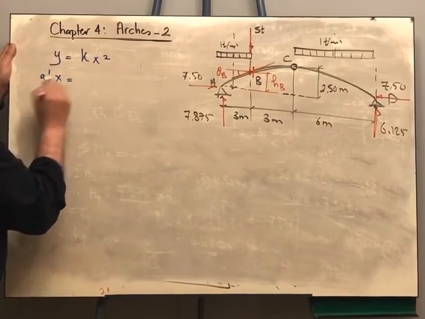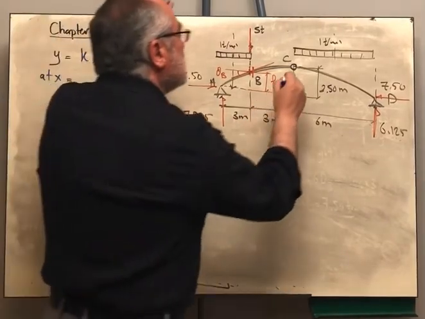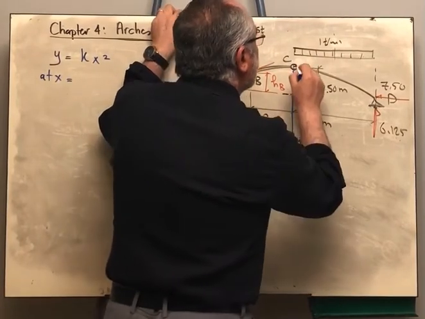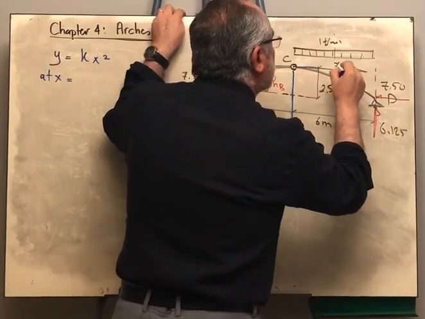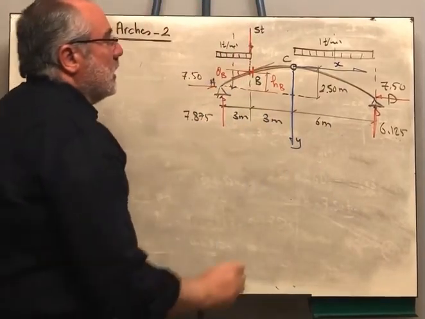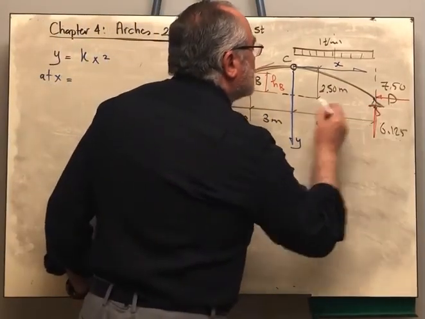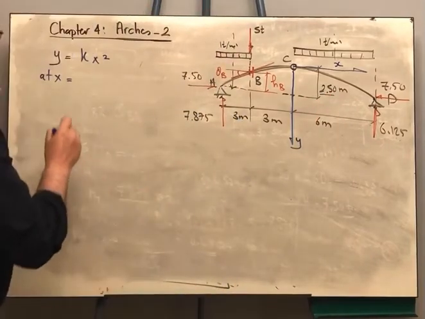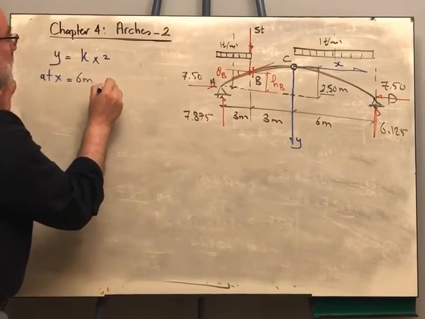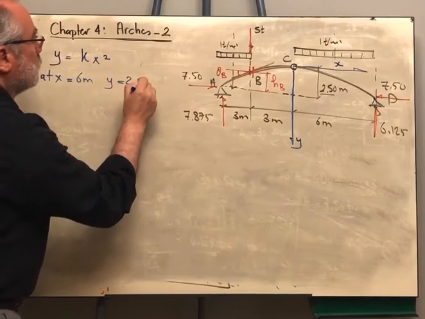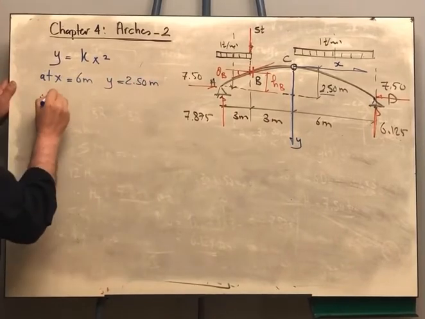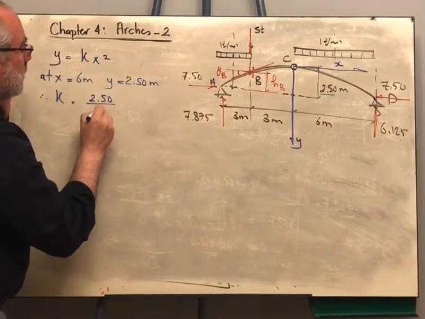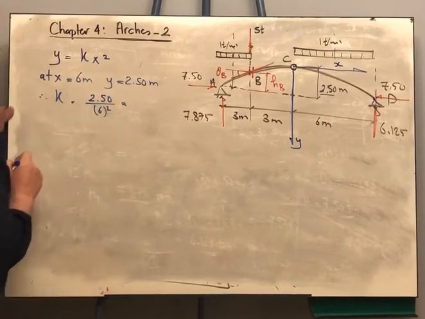At x is equal to, again, where is the origin? The origin is in the center, like this. At x is equal to 6 meters, y is equal to 2.5. Therefore, k is equal to 2.5 over 6 square.